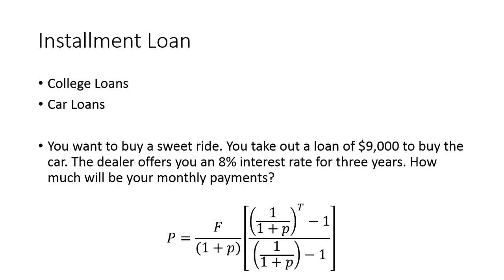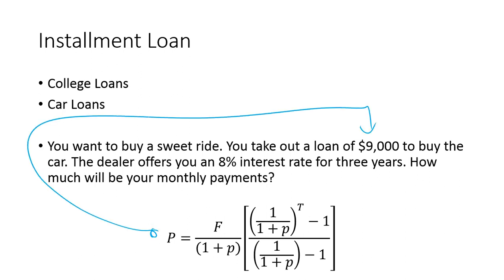Now, the formula at the bottom of this page is what you're going to use. This formula is a little bit different from the other ones for this problem, because this formula finds the principal, but in this problem we're given it. So you have to solve for the F to get everything.